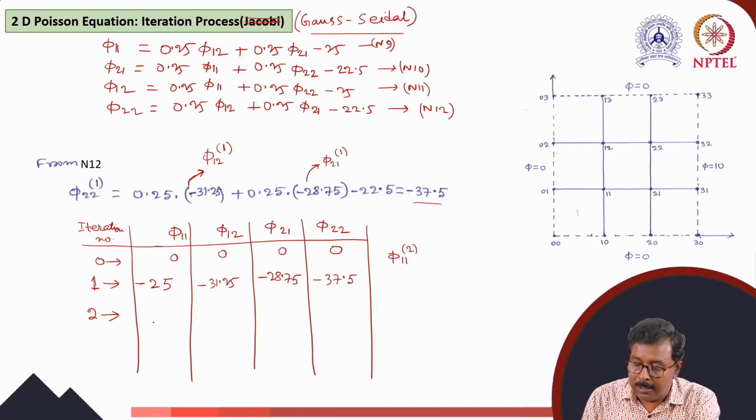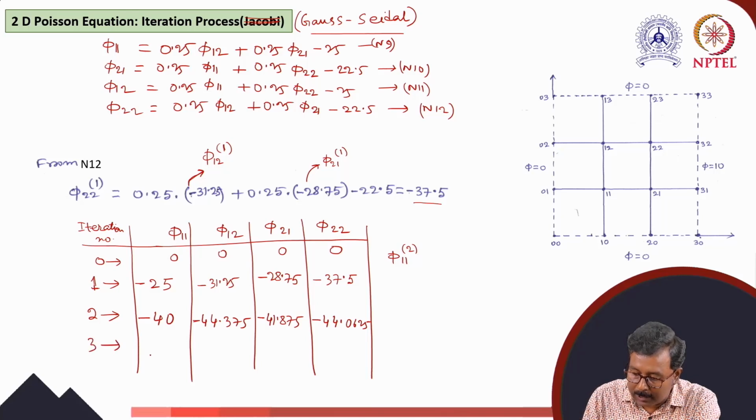In the second iteration, using N9 to N12, phi 1 1 will be minus 40, phi 2 1 will be minus 41.875, phi 1 2 will be minus 44.375, and phi 2 2 will be minus 44.0625.